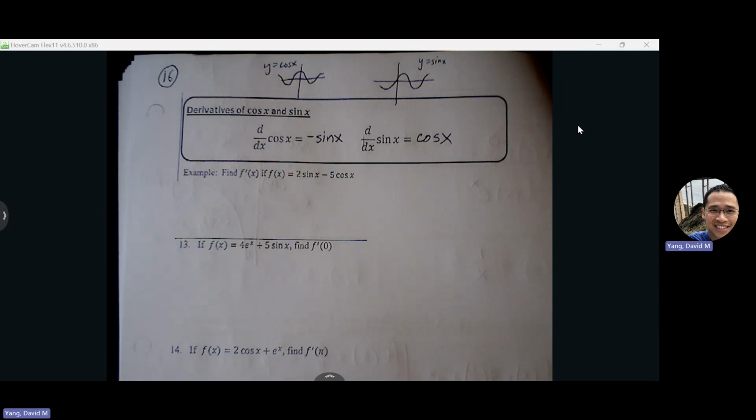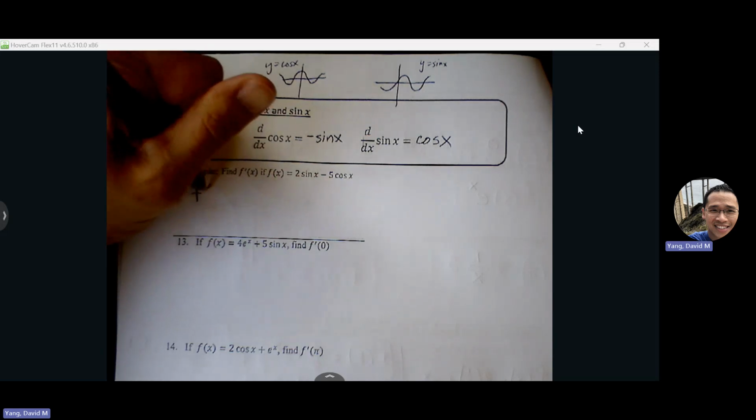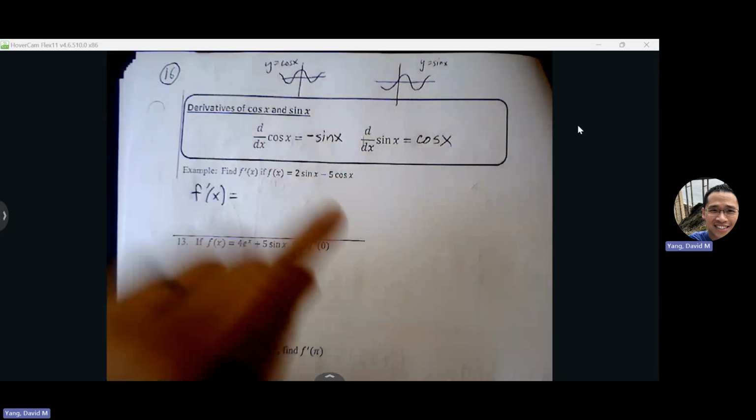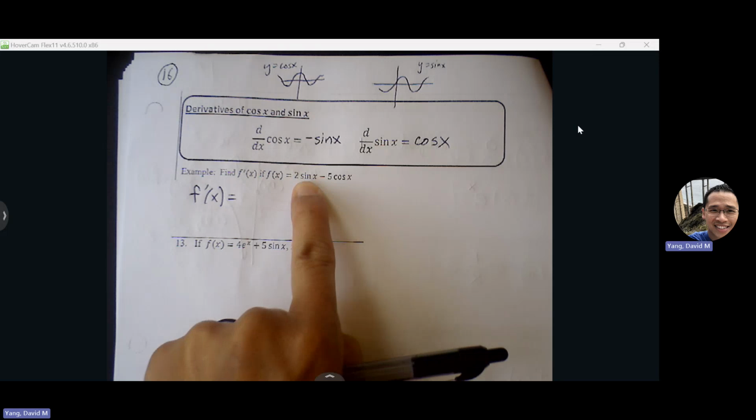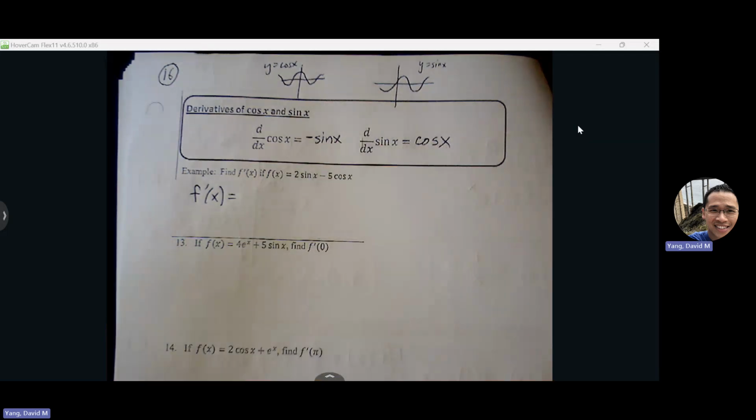All right, so example, find f prime if the function is equal to 2 sine of x minus 5 cosine of x. If we want to build the slope behavior of this original function, we're going to build f prime. So what do you think 2 sine of x turns into? 2 cosine x. Yep, the 2 stays, and then the sine just turns into the appropriate derivative.